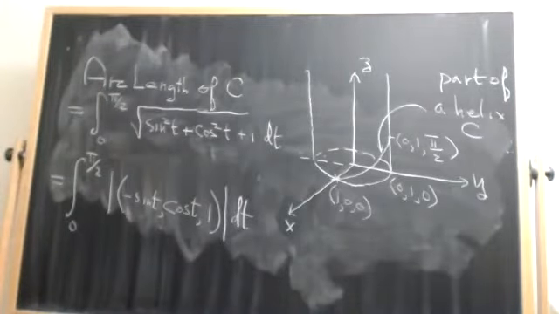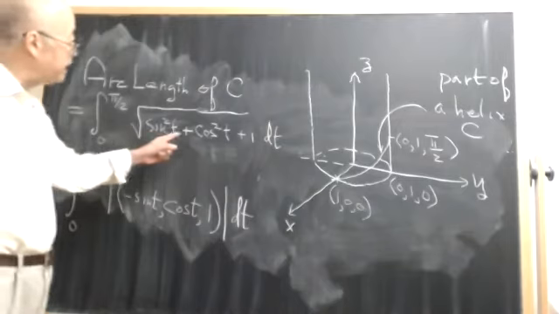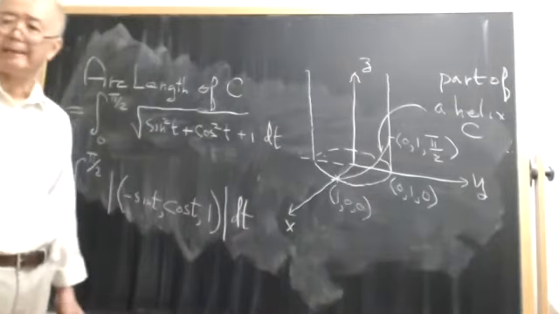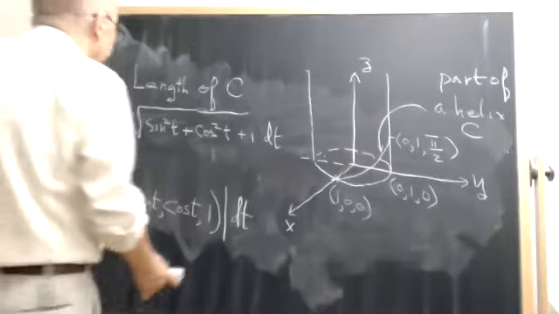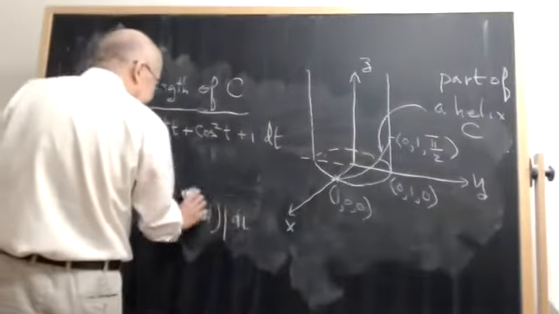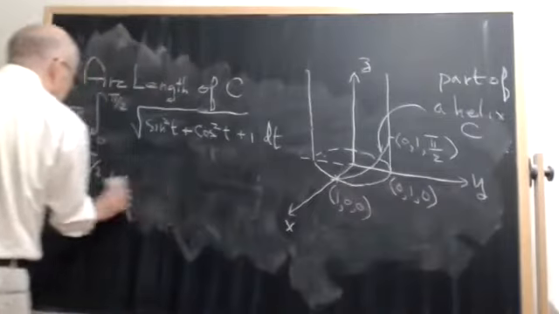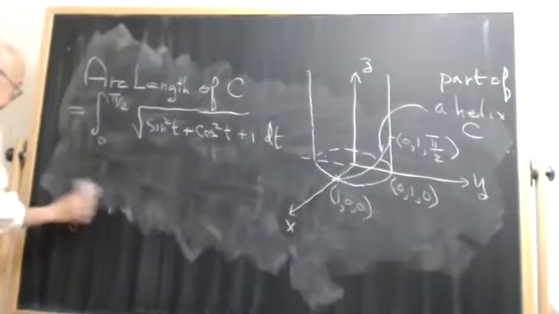But we all know that sine squared t plus cosine squared t is equal to 1. So we are going to have the integral from 0 to pi by 2.